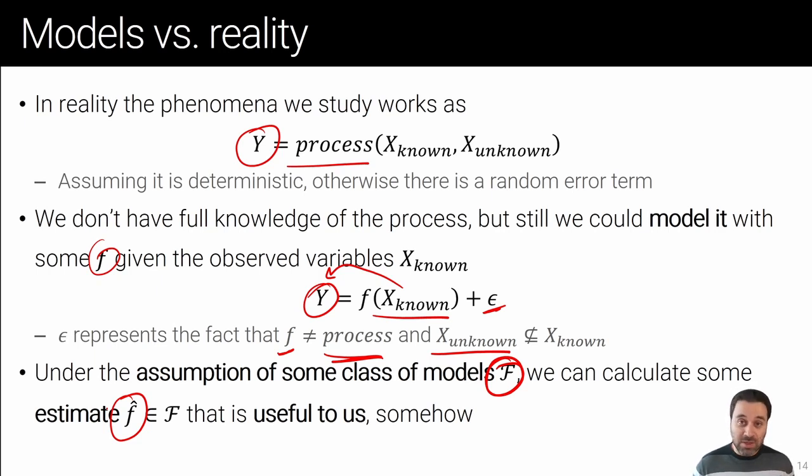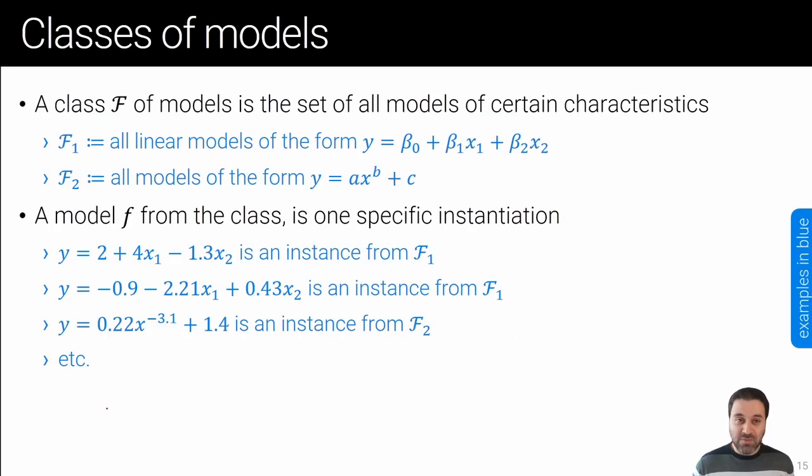So we're going to see about making a certain assumption about what the model looks like, and then it's about having different data, fitting a model or estimating a model, some f hat, that allows us to study the relationship between the x's and the y. And so the classes of models are just a set of possible models or a definition of what the model looks like. It's just a set of all models with a certain characteristic.